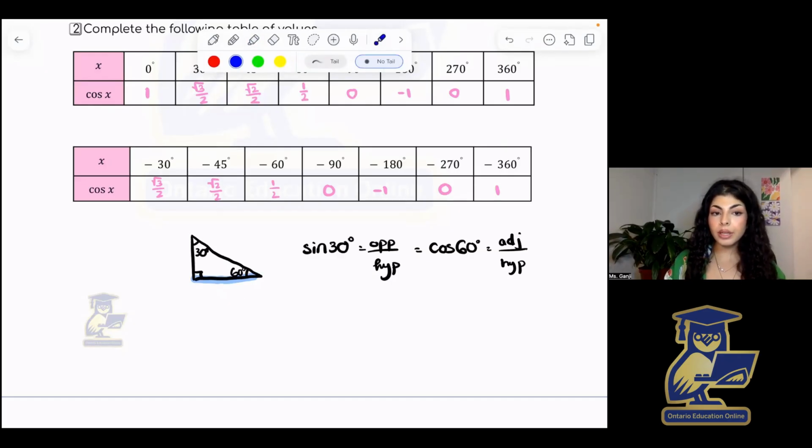And that's also the connection between the sine function and the cosine function. Really, they go back to our right angle triangles and the basic trigonometric ratios that we saw in our very first lesson.